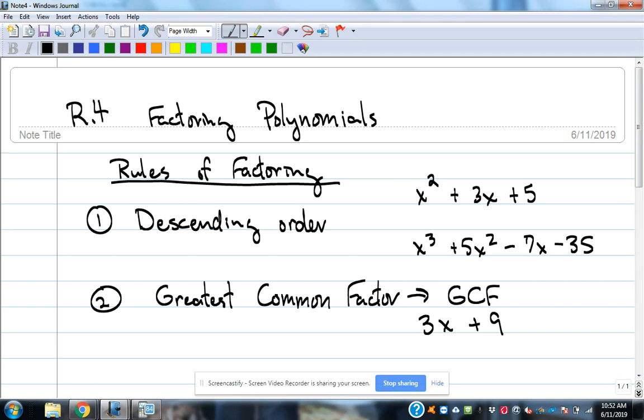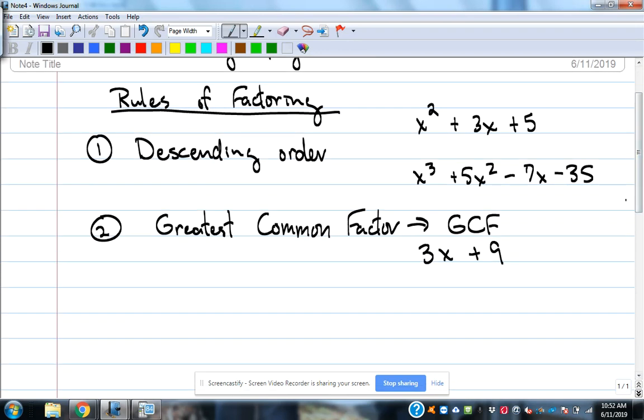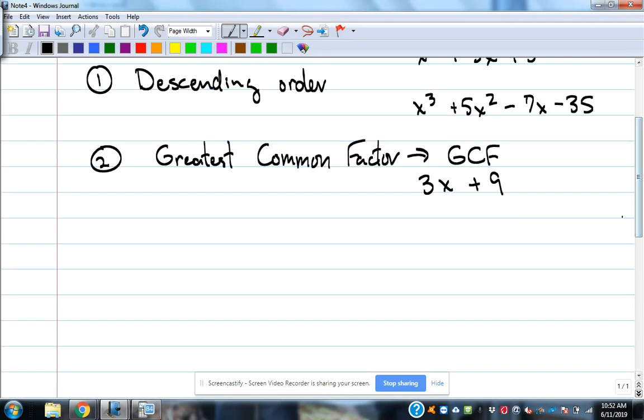Now, after you've done those two things, you're always going to look for a greatest common factor before you do any other method. The next step in factoring is to determine which method you use. We want to count the terms. And remember, the terms are separated by addition and subtraction.